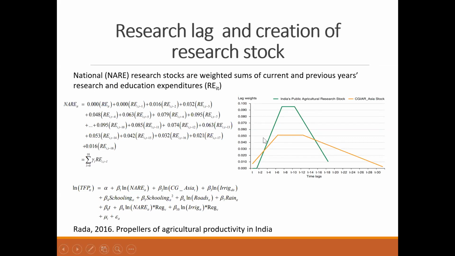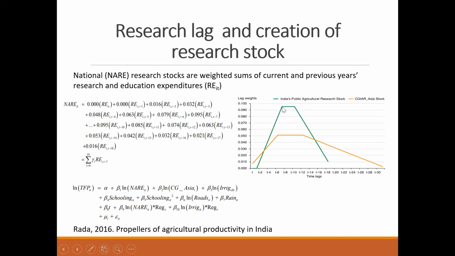Then the research lag he has used is as follows. There are 2 years of gestation lag, meaning for any research investment, it will take 2 years to generate any technology. Then he has taken a 5-year lag between development of the technology and its peak adoption.